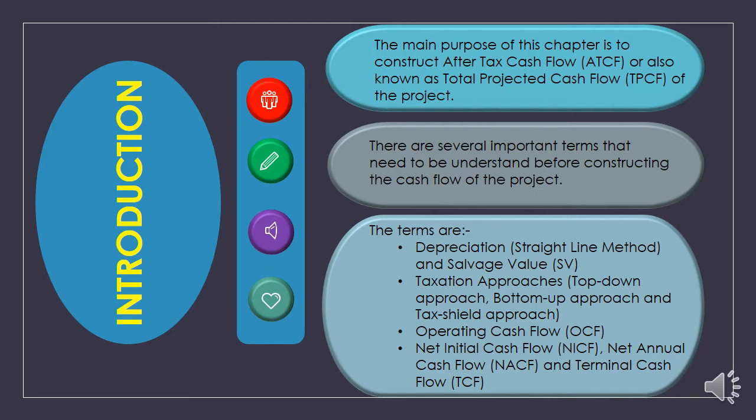The second term is the taxation approaches: the top-down approach, bottom-up approach, and tax shield approach. The third term is operating cash flow, OCF, and the last terms cover net initial cash flow, ICF, net annual cash flow, ACF, and terminal cash flow, TCF.